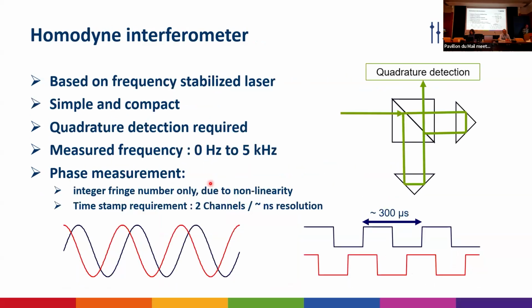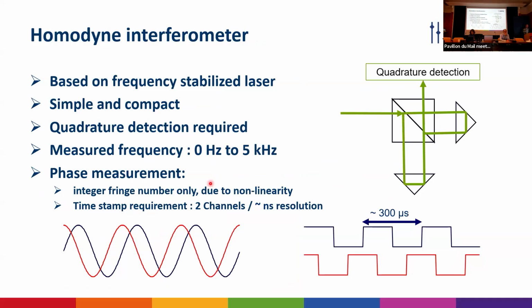So let's now talk a little bit about the homodyne interferometer. If we want to build a homodyne interferometer, you first have to consider the accuracy. So you need to have a well-stabilized laser frequency at 10⁻⁹ level. And you need to consider the nonlinearity. Usually a typical homodyne interferometer has large nonlinearity.